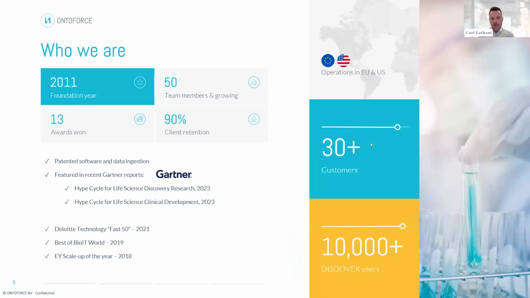And in a future where the rate of breakthrough will be determined by accessibility to knowledge, since 2011, Ontoforce has been leading the charge towards a life sciences industry without barriers to data, where empowered stakeholders across the business can collaborate to bring drugs to market faster.